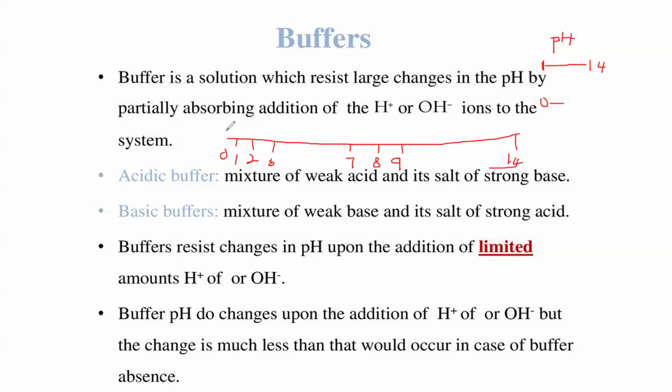Any substance that has a pH between 0 and 7 is acidic.